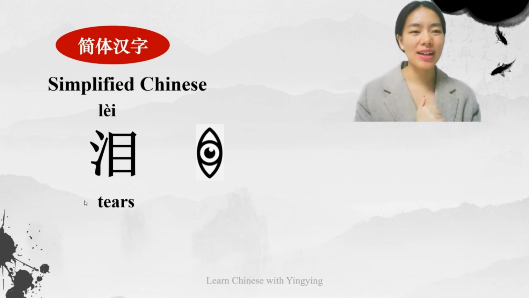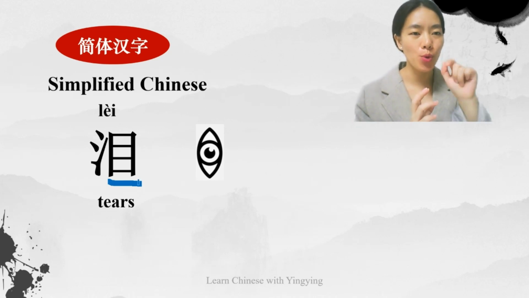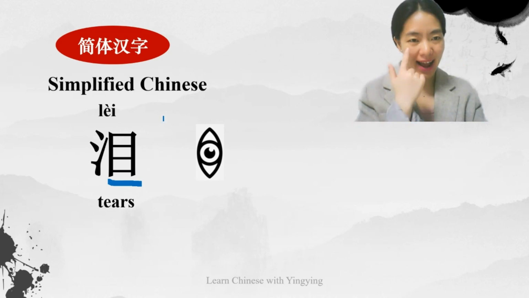The first word we are going to learn is lei. Lei. It means tears. So do you notice the right part is the Chinese character mu? It means eyes.